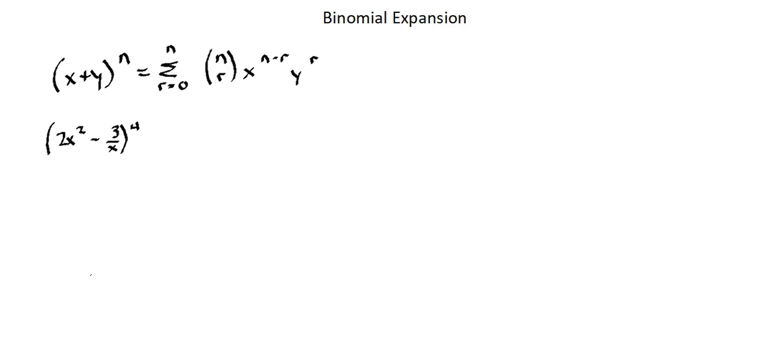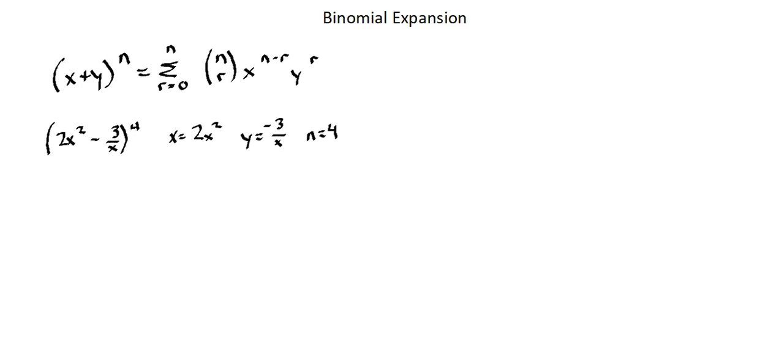The values that we can identify in the binomial theorem are x, which in this case is 2x squared, y, which in this case is negative 3 over x, and n, which in this case is 4. Now the value r is simply, as the summation notes, a progression from 0 up to n. So in this case the r range will be from 0 to 4.